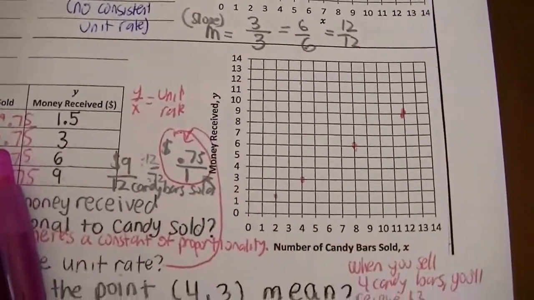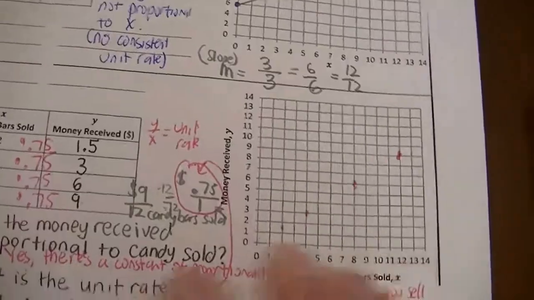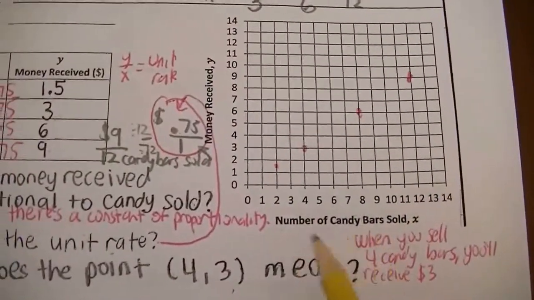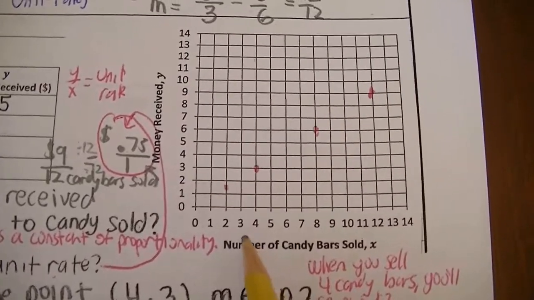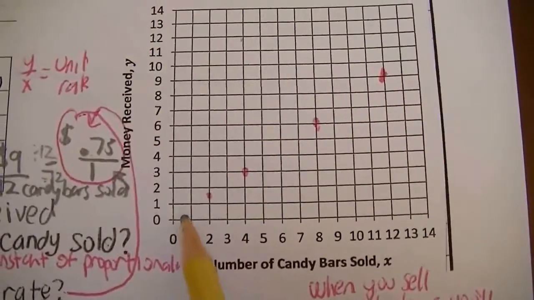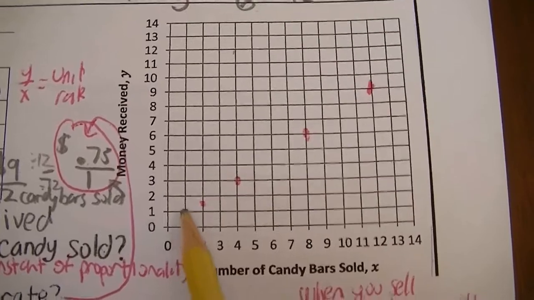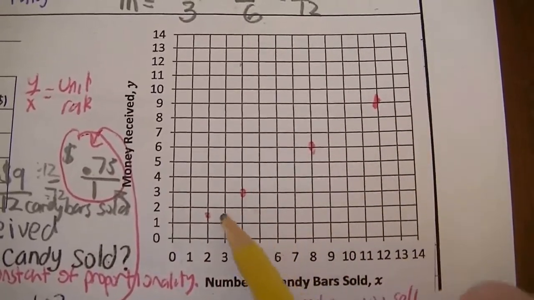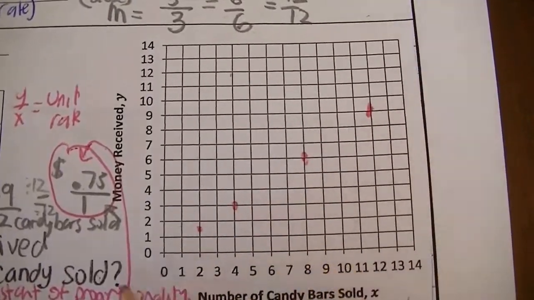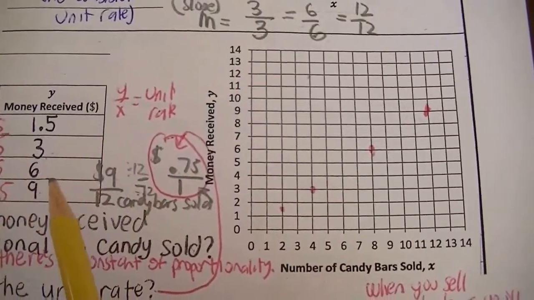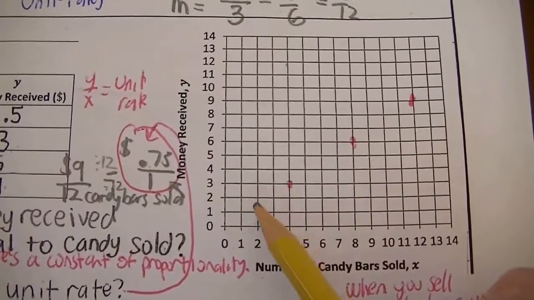Okay, let's go ahead and, well, hold on. In this particular instance, can you sell a fraction of a candy bar, like 0.5 of a candy bar? You can't. So it wouldn't be accurate to connect the dots to reflect what's going on in the table, simply because this is discrete.